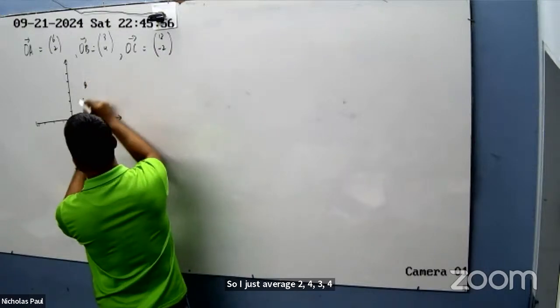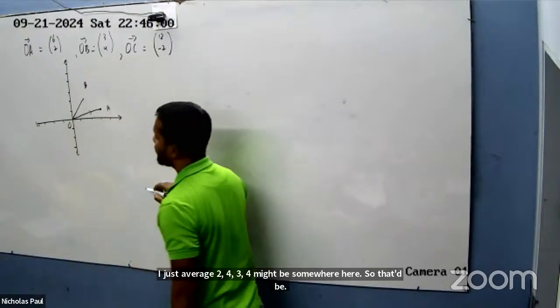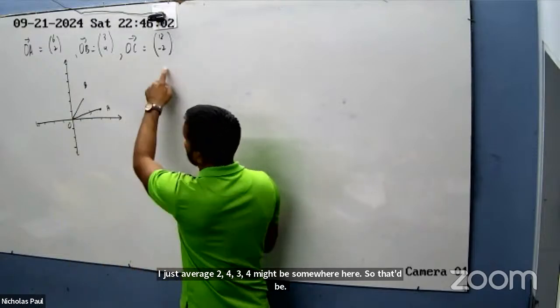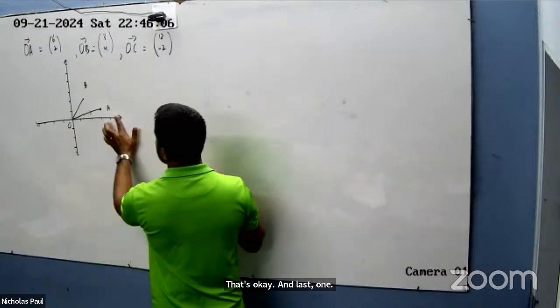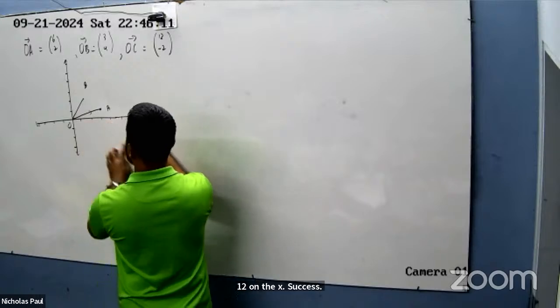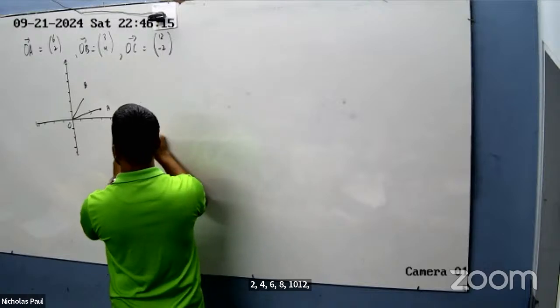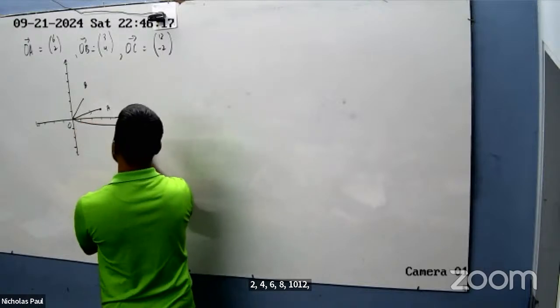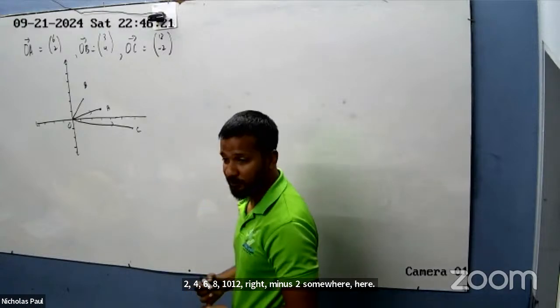So that's B. That's okay? And last one, 12, minus 2. Or 12 on the x-axis: 2, 4, 6, 8, 10, 12, right? Minus 2 is somewhere here. All right? So a diagram might look something like that.